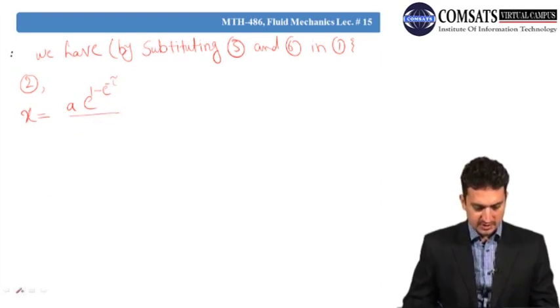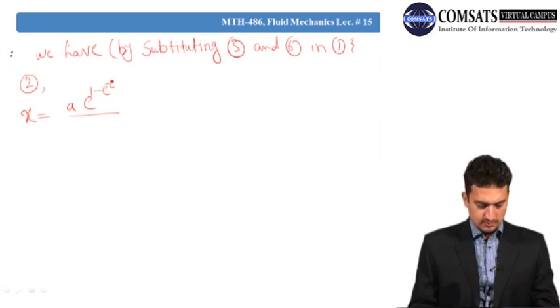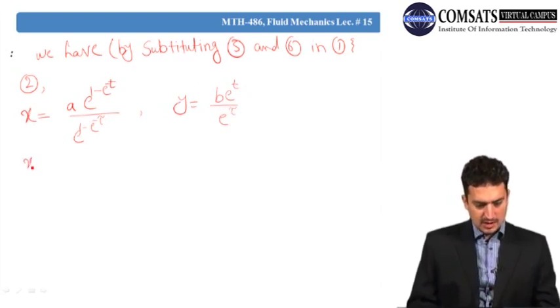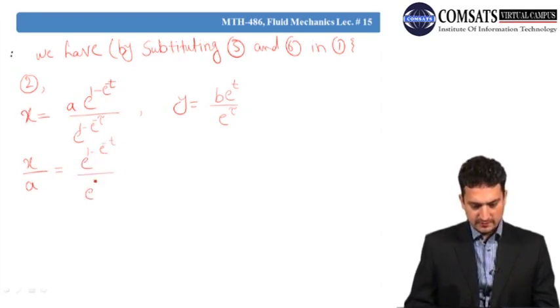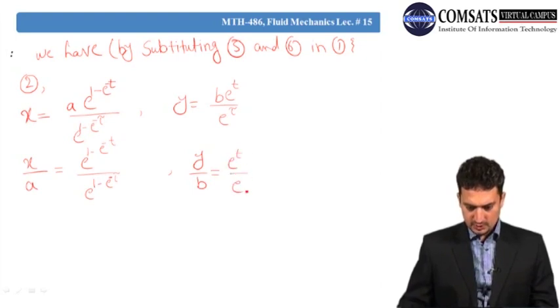In fact e to the power minus t, not tau, क्योंकि tau is in the e to the power minus t here, over e to the power 1 minus e to the power minus tau, and y comes out to be y is equal to b e to the power t over e to the power tau. अच्छा सिंपली आप ये जो कोऑर्डिनेट्स हैं उस पॉइंट के, इनको दोनों साइड पे डिवाइड कर दें, तो x over a will be equal to e to the power 1 minus e to the power minus t over e to the power 1 minus e to the power minus tau, and y over b is equal to e to the power t over e to the power tau.